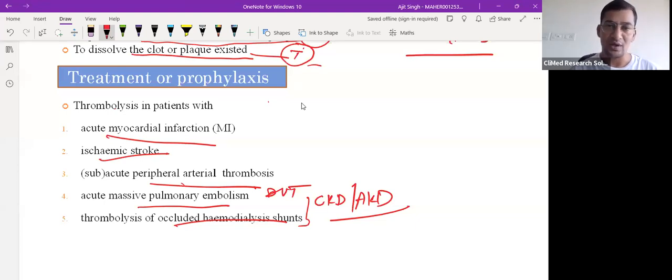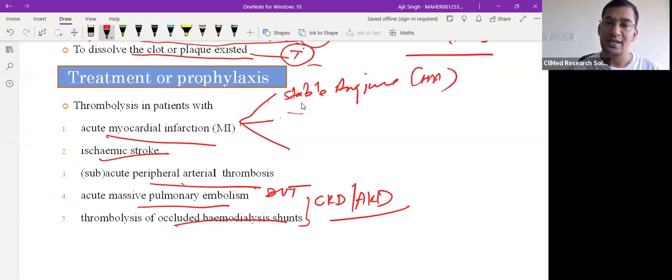Okay, like myocardial infarction means heart attack, any kind of heart attack. So there are multiple types of myocardial ischemia also. One is stable angina, right? Usually that is not, I mean, this is a type of heart attack also, right? And MI, this is then stable angina and unstable angina, right?